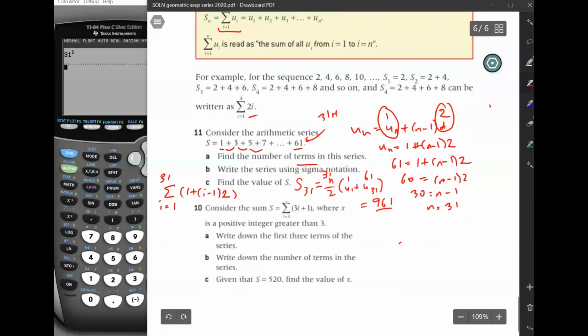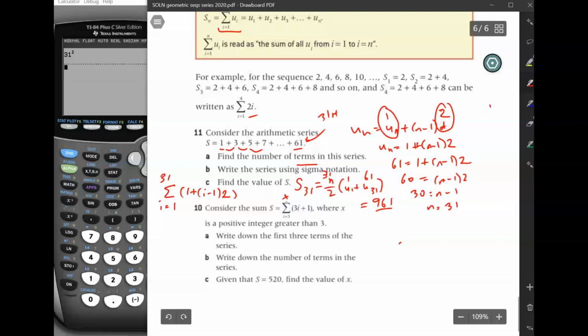Last problem here. Consider the sum sigma i equals 3 to, I think this is supposed to be n. Or x, I'm sorry. It's x. Where x is a positive integer greater than 3.